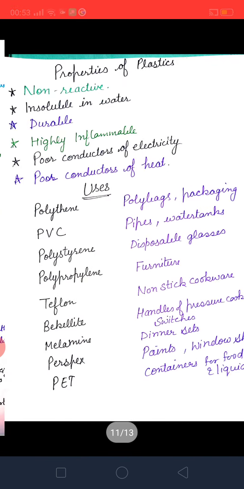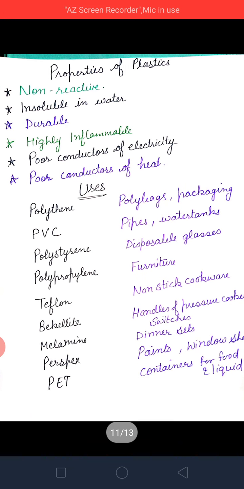Now, what are the properties of plastic? We will discuss the properties of plastic. If we talk about the good variety of plastic, then good variety plastics are non-reactive. They do not react with any food item, and hence they are used for storing them.